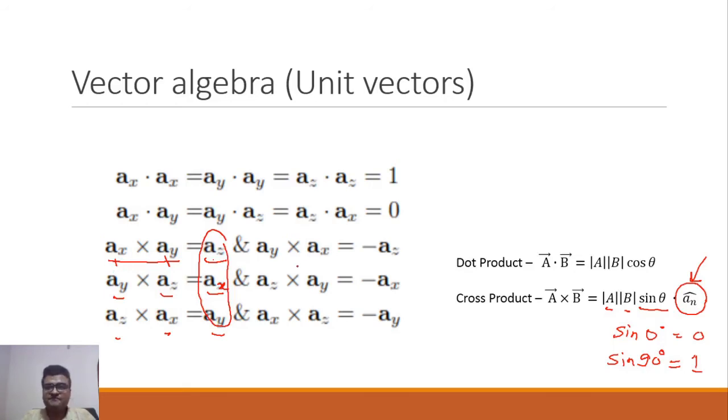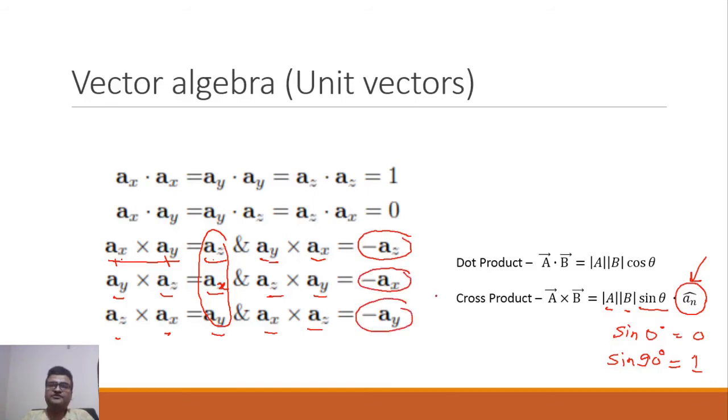And there is one catch here. If you cross multiply two unit vectors in the opposite direction, if you don't follow this orientation, that is, x with y, then y with z, then z with x, and you do it in the opposite manner, interchanging x and y so that you write y first and then x afterwards, the opposite cross multiplication of the unit vectors will result in the minus of the unit vector in the opposite direction.